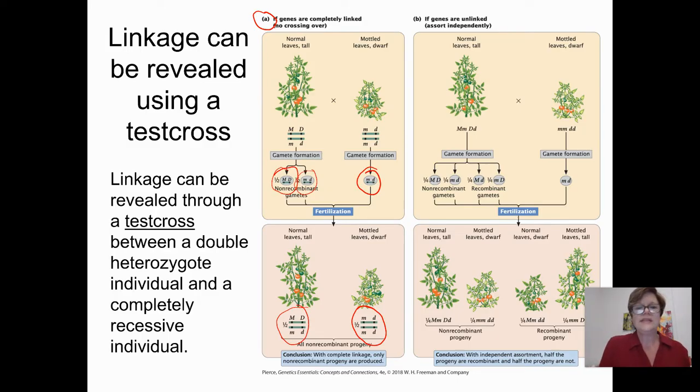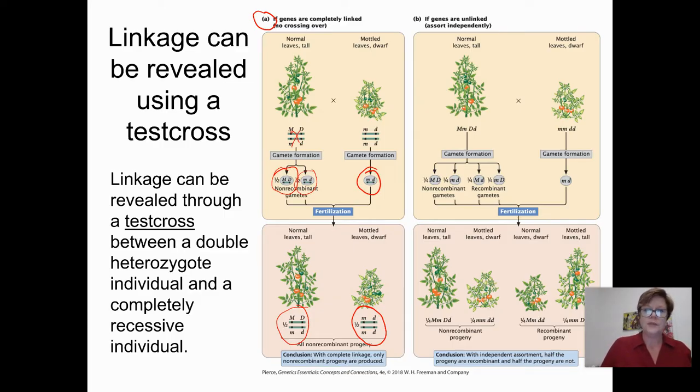But complete linkage is really just a theoretical concept. Like I said before, most of the time you're going to have some crossing over, and I'll draw it here. You can see you would get some small amount anyway of gametes that are big M with little d and little m with big D. So in this case, you would have a few offspring of the other types.